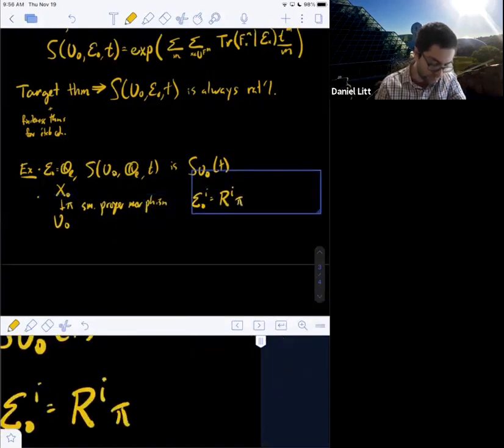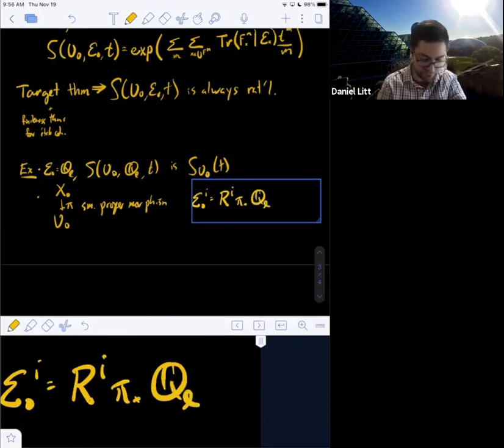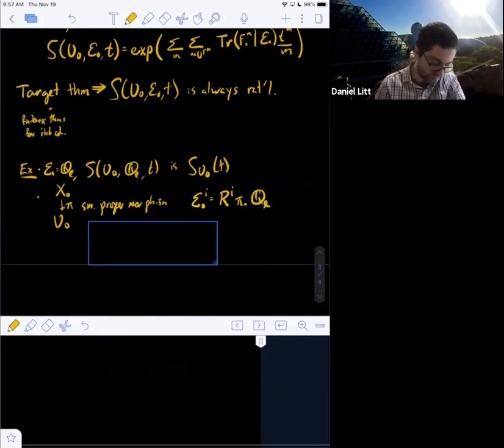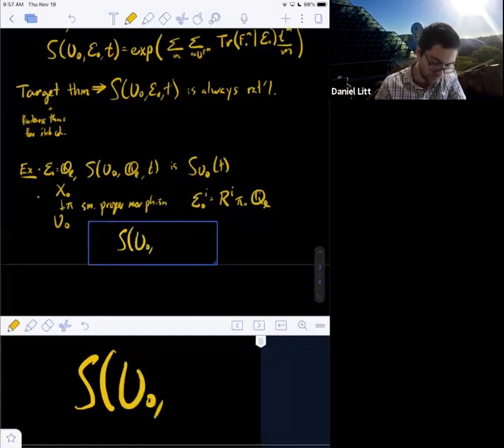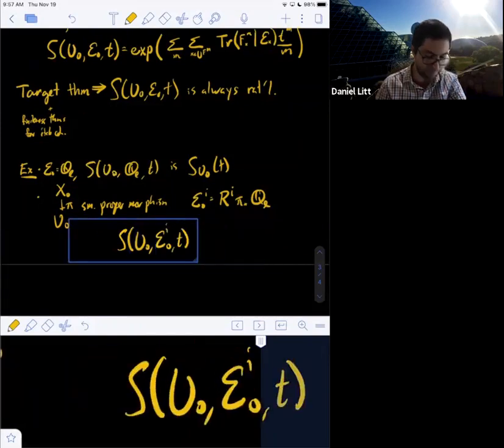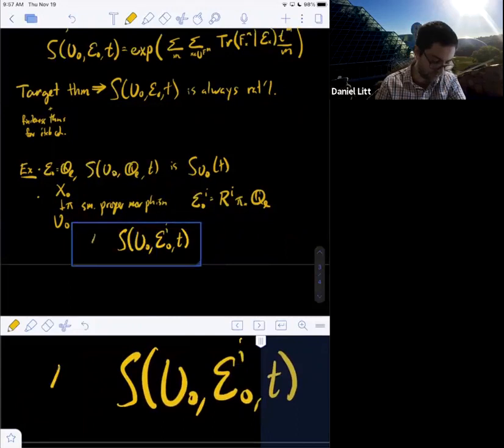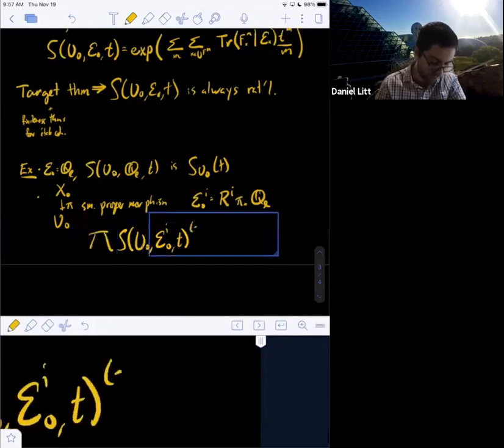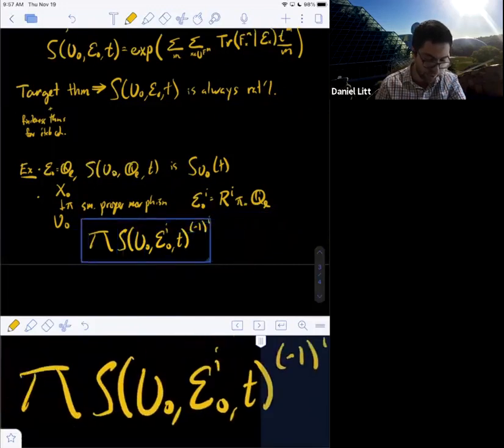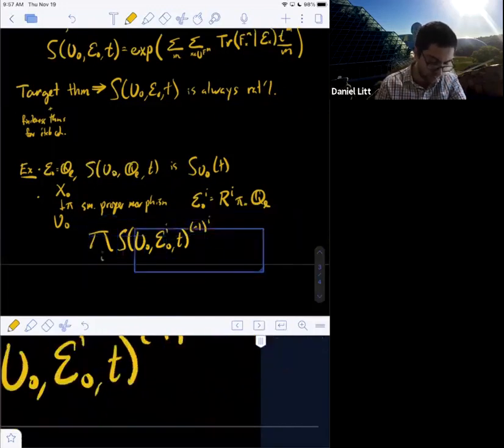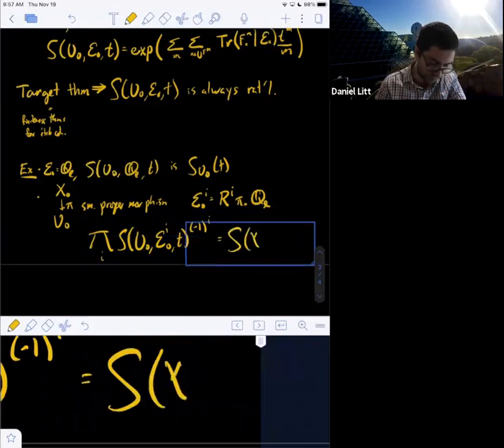So the right derived push forwards of the constant sheaf Q_l through pi, and then you can get a zeta function, let's call it zeta_i, well, let me just use the notation we already have: zeta of U_0, E_0^i, T. So basically the point is that the alternating product of these things, the product of this to the (-1)^i, is the zeta function of X_0.